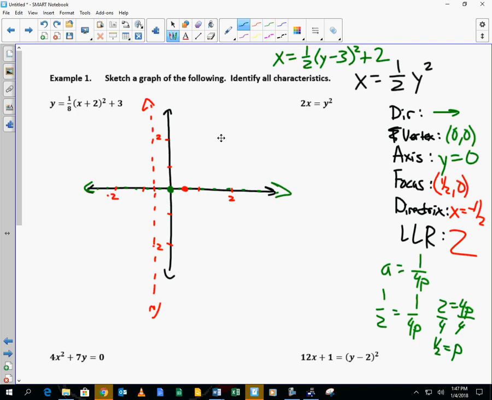So from my focus, I'm going to move 1 unit in each direction for a total of 2. I moved 1 up and 1 down for a total of 2.